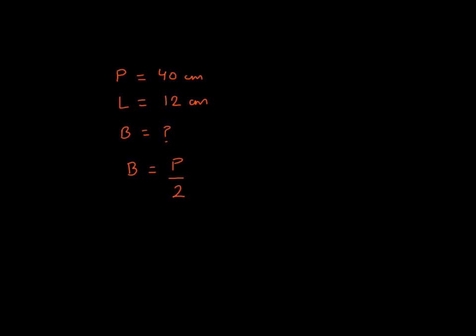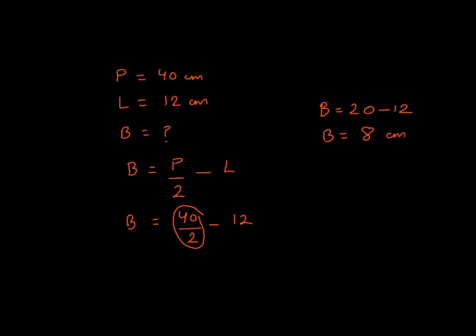So first of all we'll divide the perimeter by 2, and from this we will subtract L. So here if P is 40 and L is given as 12, so this is the value of B. 40 over 2 means 20. So B will be 20 minus 12. So B comes out to be 8 centimeter.